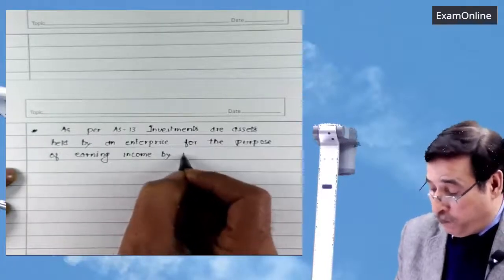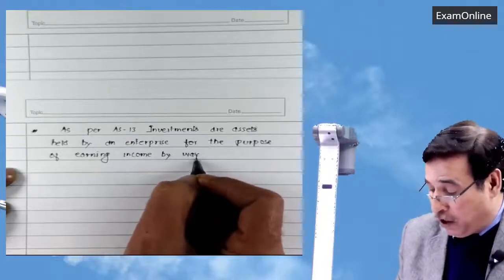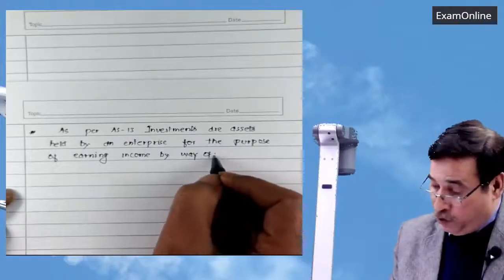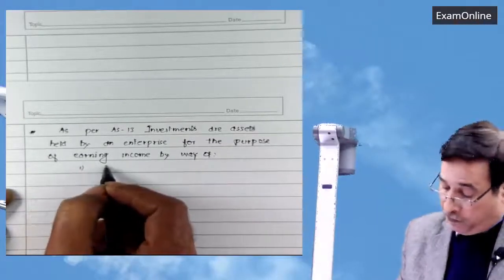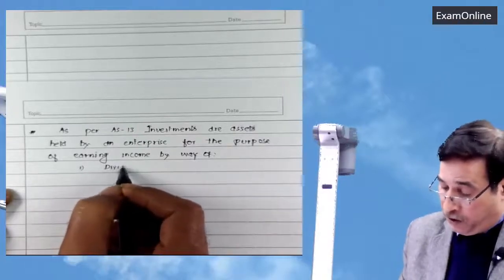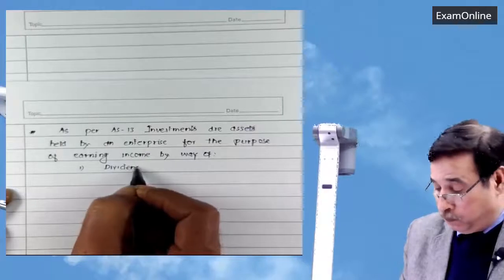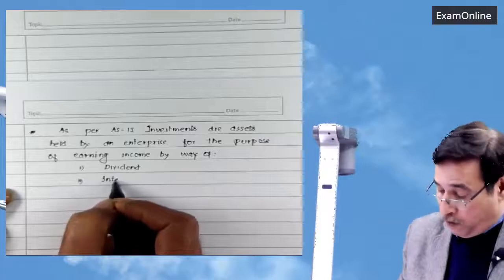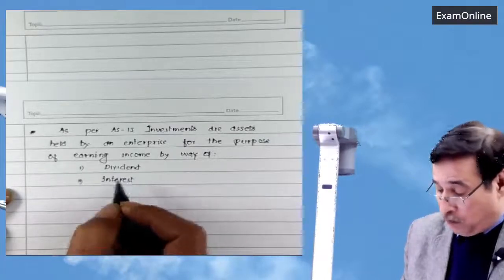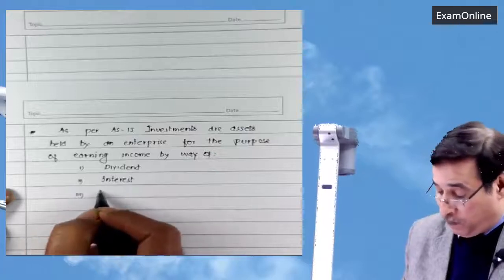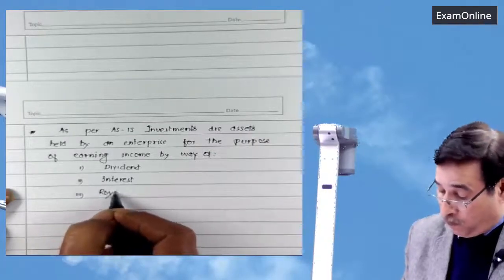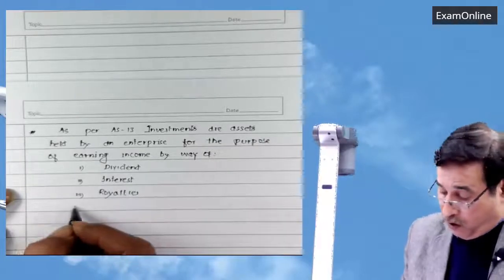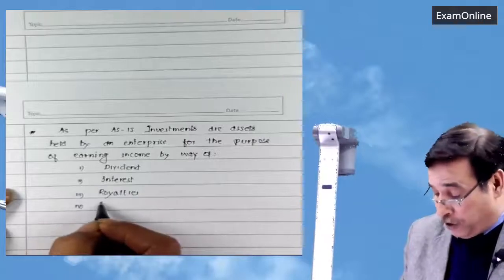by way of. So investment simply refers to assets which are held by an enterprise. The purpose is to earn some income in the form of, as I said a moment ago, dividend, interest, royalties, or for the purpose of capital appreciation.